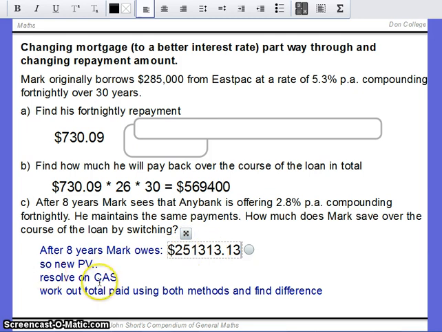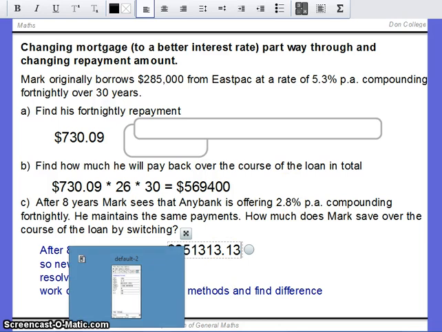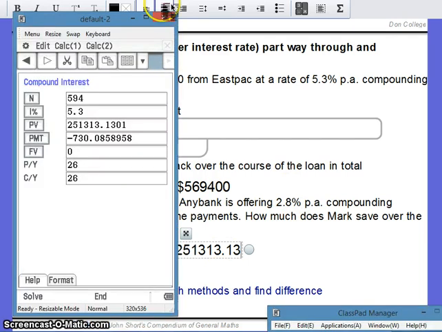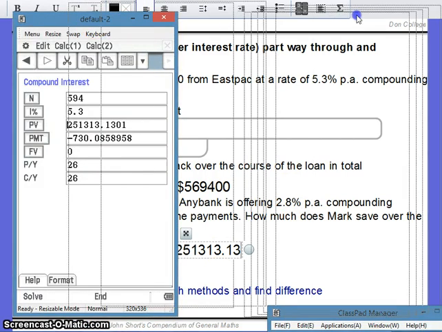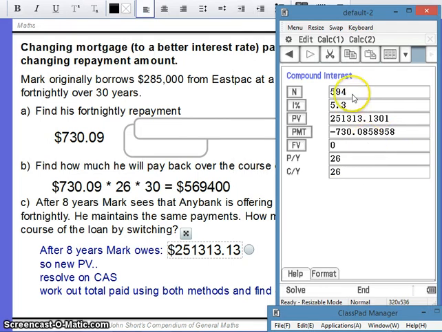We're now going to resolve on the CAS using the cheaper interest rate, and we'll see how much we save. Now the difference here is going to be, it's going to save us time. So we're at 2.8%. We're finishing on 0. We keep the payments the same, and we now pay it off in 430.3 payments.